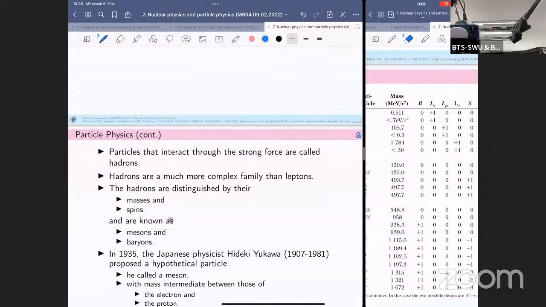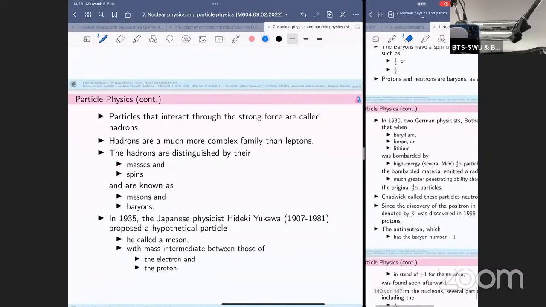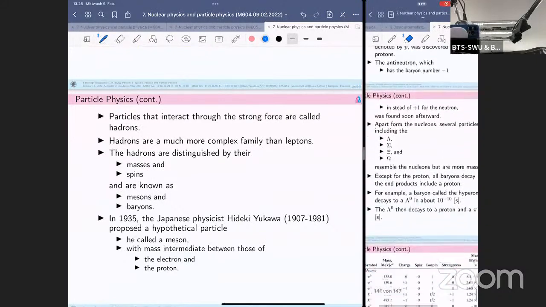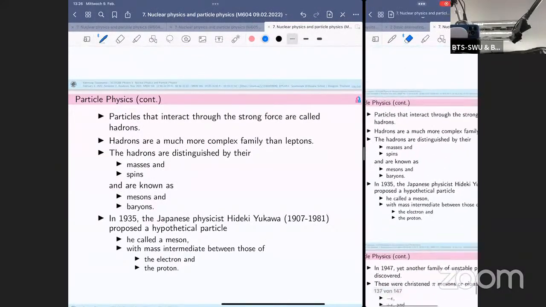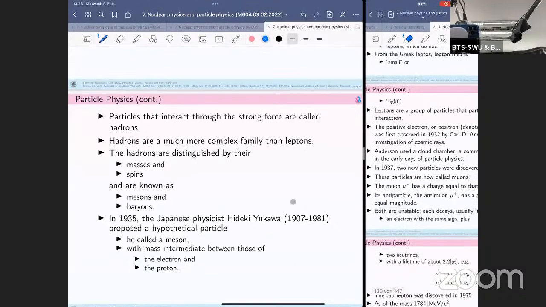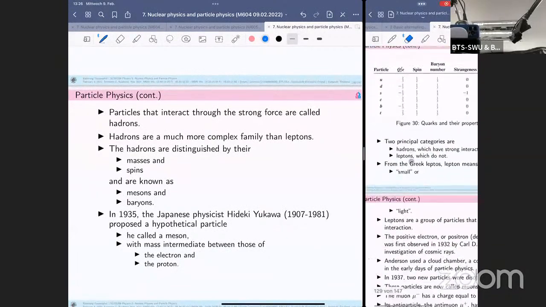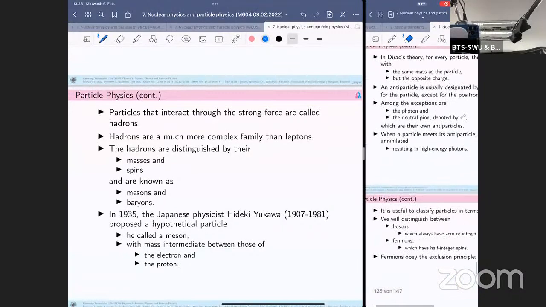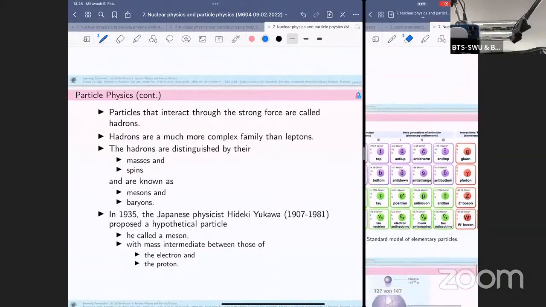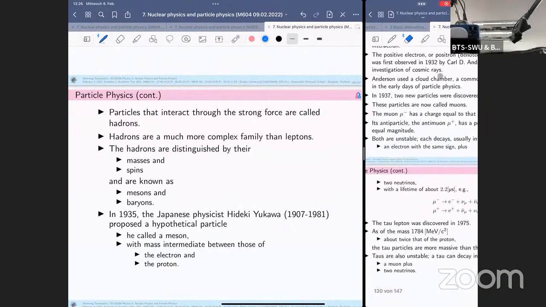And the story about Meson starts in 1935, before we discovered muons.